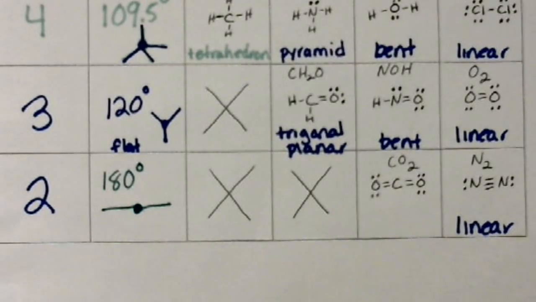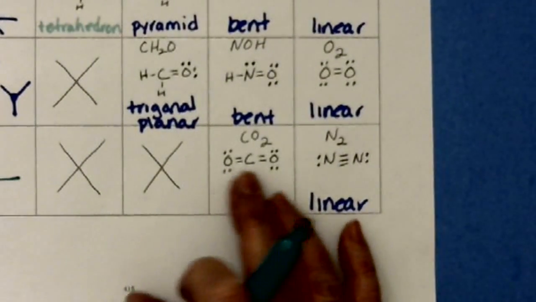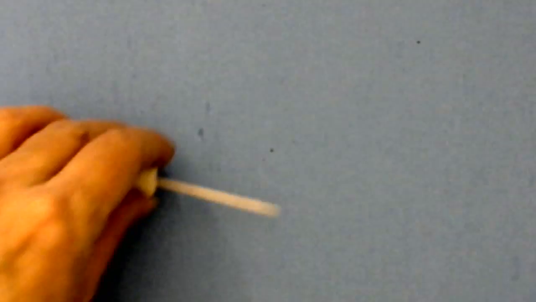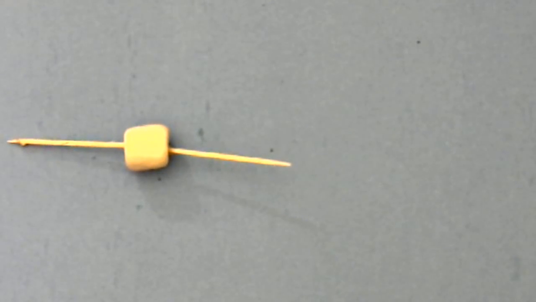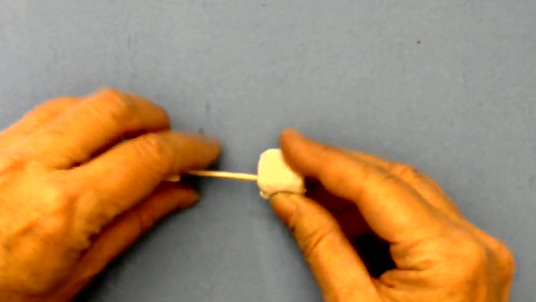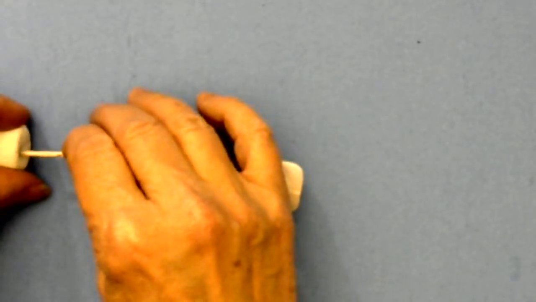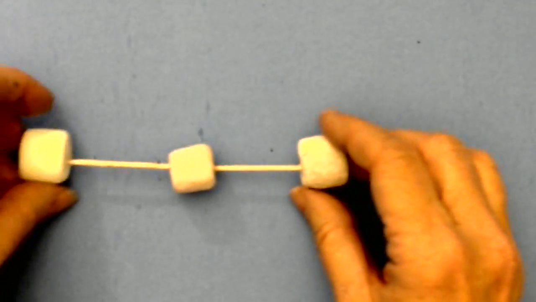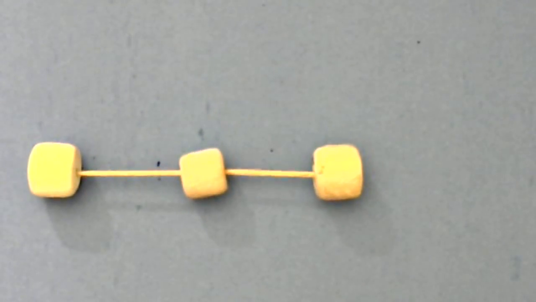All right. So let's do carbon dioxide. There are 3 atoms for carbon dioxide. So I need to have one in the middle. I've got the one in the middle. And I need to add 2 more marshmallows. And there we have carbon dioxide, right?